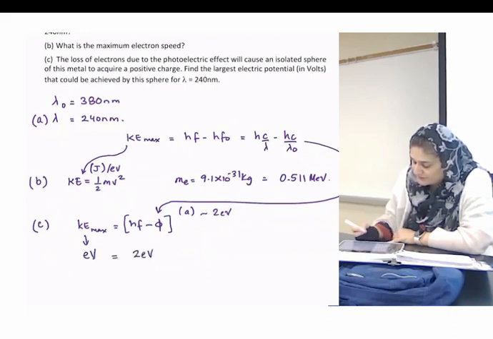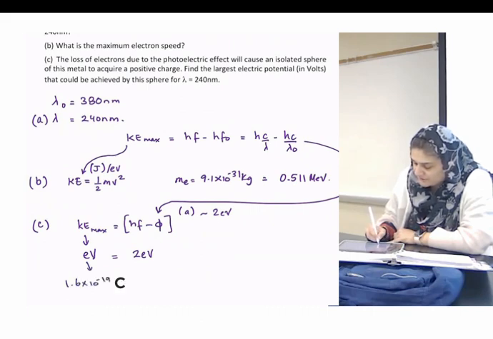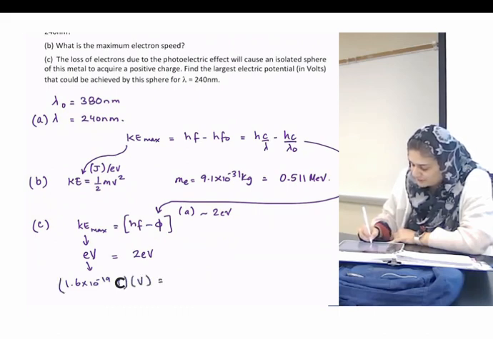About 2 electron volts. What is the charge of an electron? 1.6 times 10 to the minus 19 joules times volt equals 2 electron volts. And you probably want to convert electron volts into joules. So 1 electron volt is 1.6 times 10 to the minus 19 joules.